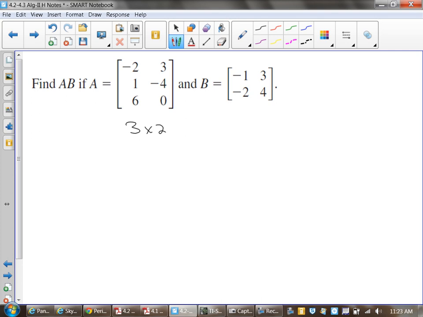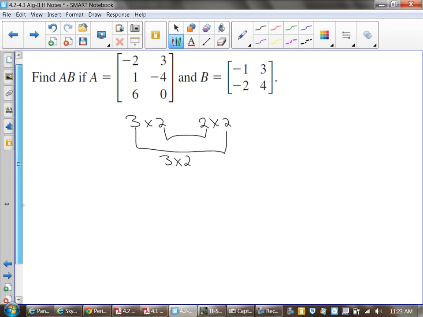And matrix B is 2 rows, 2 columns. It's 2 by 2. Do these middle numbers match up? Yes. So can I multiply these together? Yes. What will the result matrix dimensions be? It will be a 3 by 2, which means it'll have 3 rows and how many columns? 2.